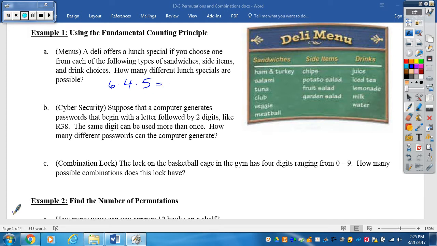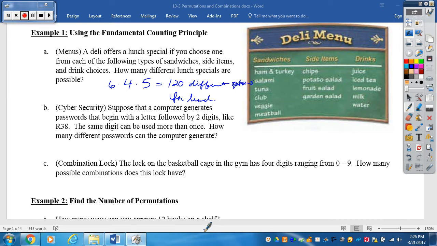If you multiply those all together, you're going to have 120 different options for the lunch special. Feeling pretty good if I'm going to that place. It looks like a small menu, but there are a lot of options you can come up with.